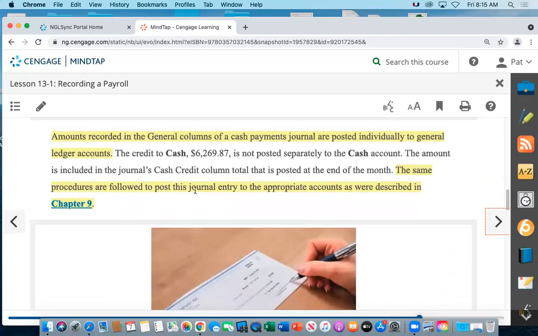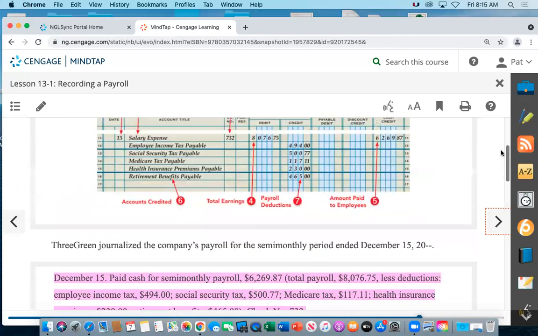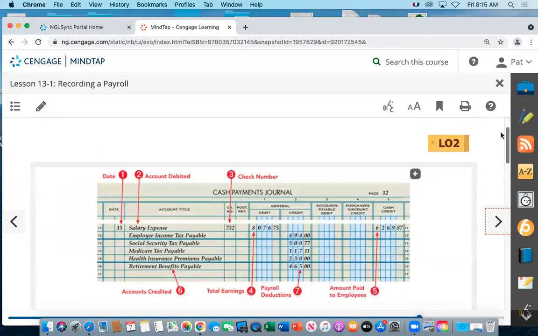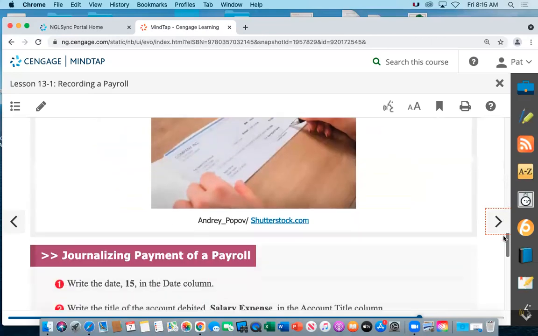The same procedures are followed to post the journal entry to appropriate accounts as we did in chapter 9, which was a while ago, but you kind of remember. You just have to remember salary expense, total earnings, federal income taxes, employee income tax payable. And then you don't do the total.